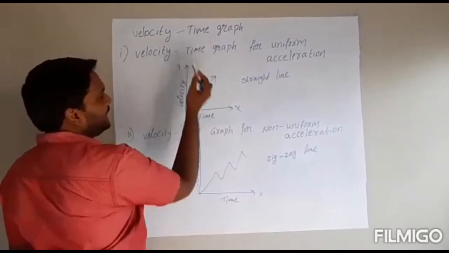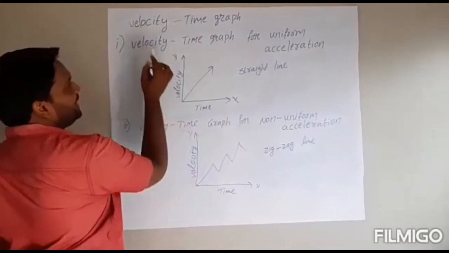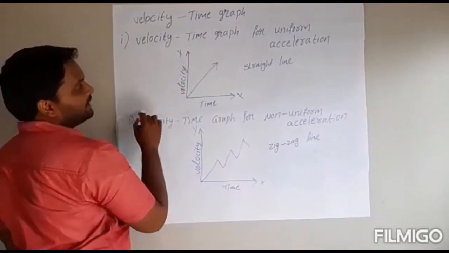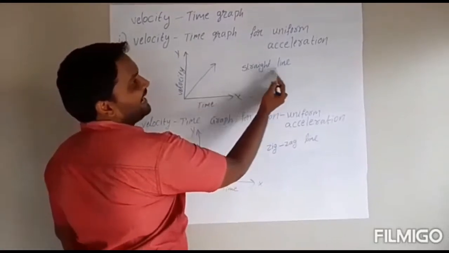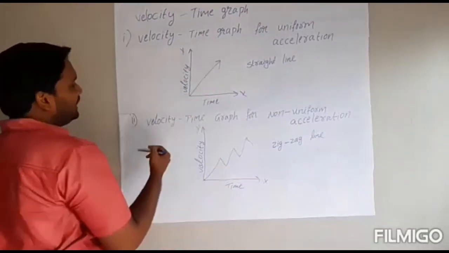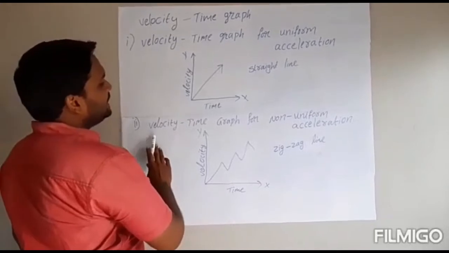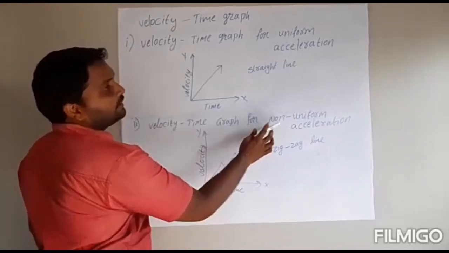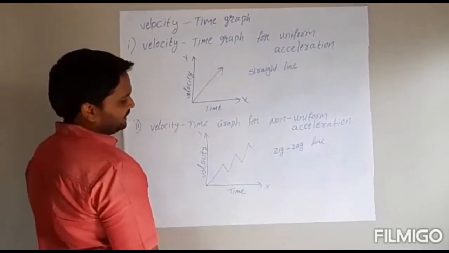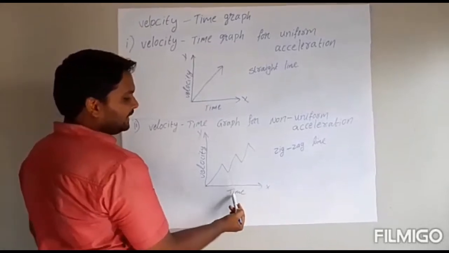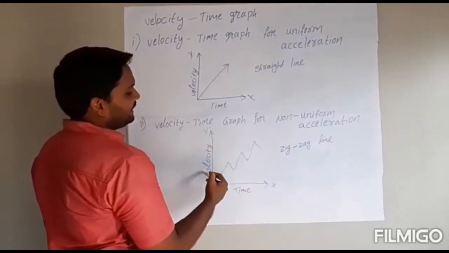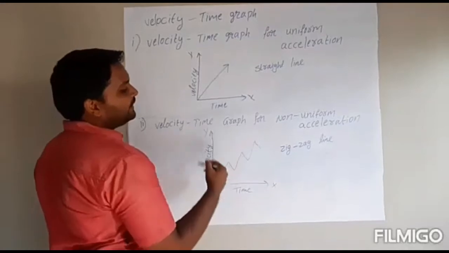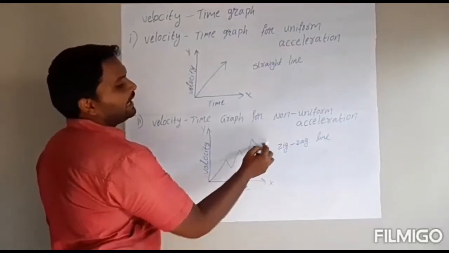So we should take time on x-axis and velocity on y-axis. Then the graph gives straight line. After that, if you see velocity time graph for non-uniform acceleration, again on the x-axis I taken time, on the y-axis I taken velocity. The graph is giving zigzag line.